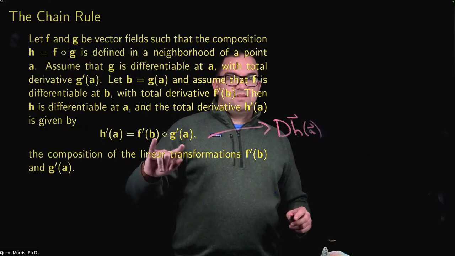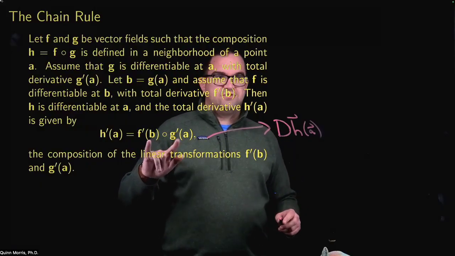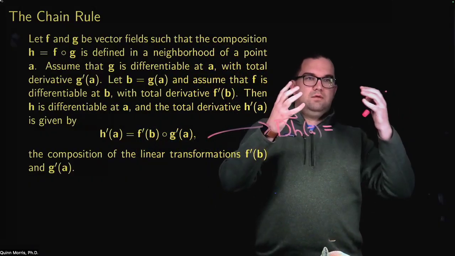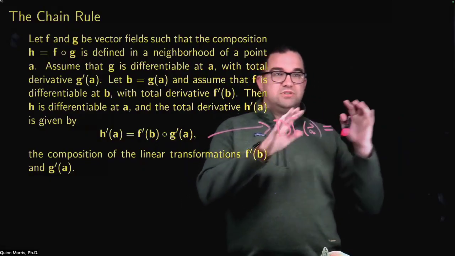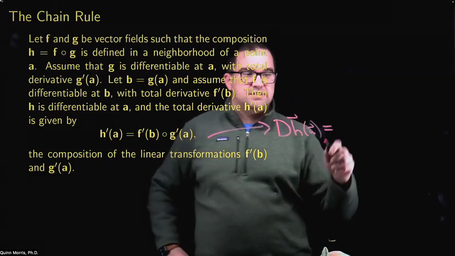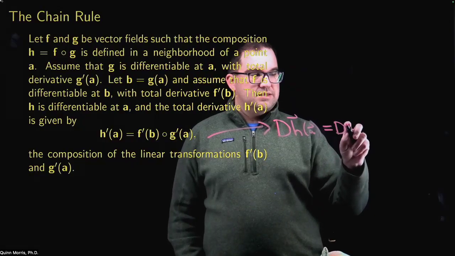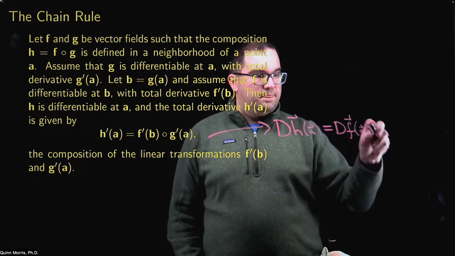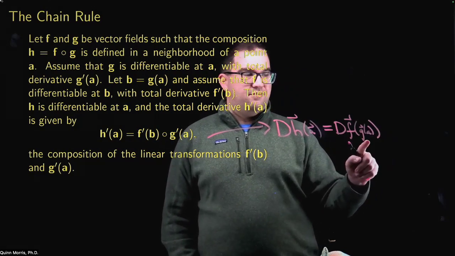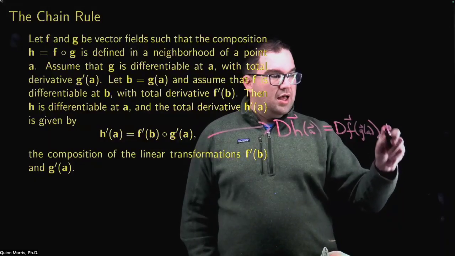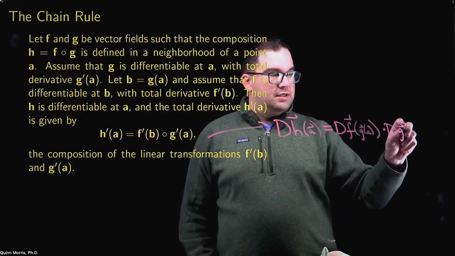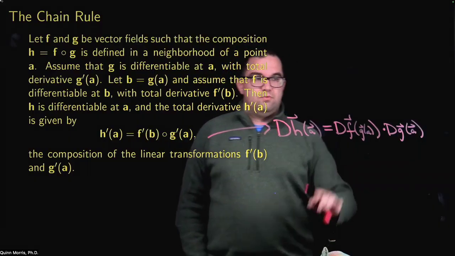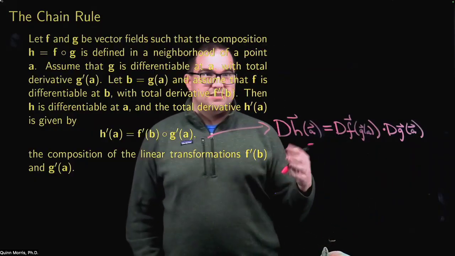Each of these has a matrix representation for its linear transformation, but recall that when we compose linear transformations given by matrices, that's the same as multiplying the matrices together. So really this is the product: the Jacobian of f at g of A times the Jacobian of g at A, where each of these are appropriately sized matrices.